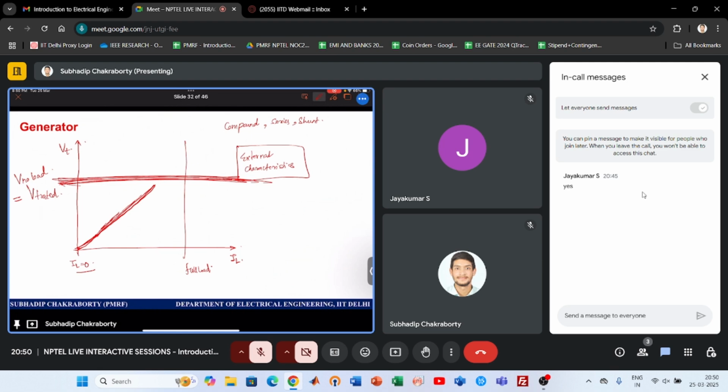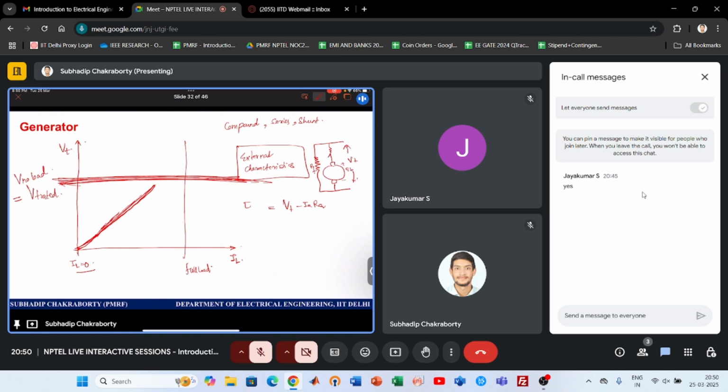For shunt, you can see that Vt minus IARA is nothing but EB. So how you write the equation is like this. This is the voltage Vt, and here you have the shunt field resistance, and this is EB, right?